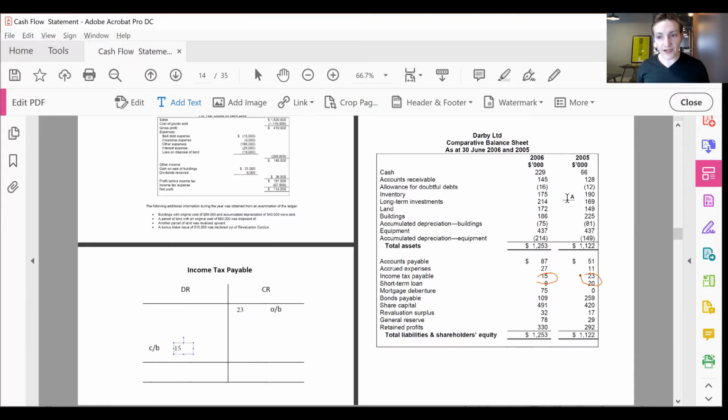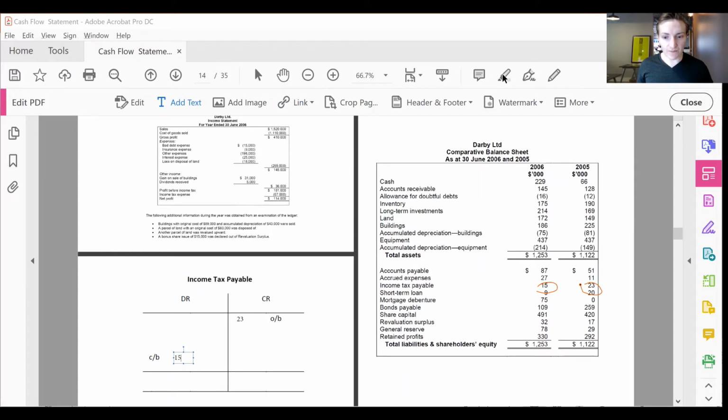So what we can see here is we can start looking at our income tax expense, and that would appear here on the credit side of our T account. The way this would work is we'd have debit income tax expense, credit income tax payable. So with our income tax expense here, what we can see is this ultimately ends up being 67. So we put 67 on the credit side of our T account, 67 pertaining to income tax expense.